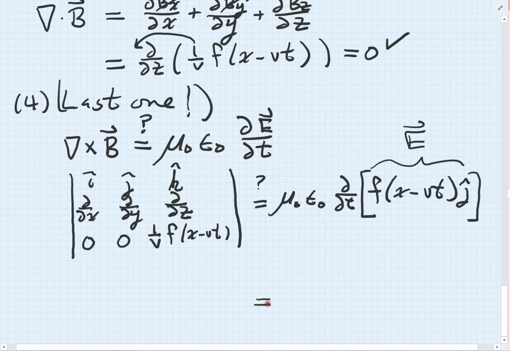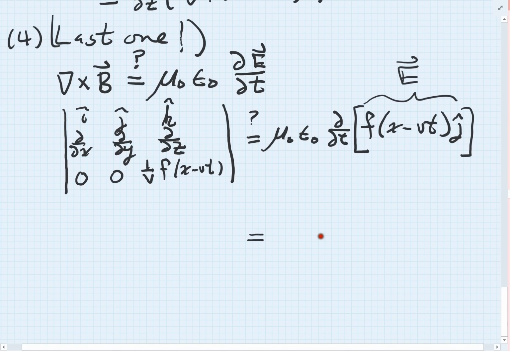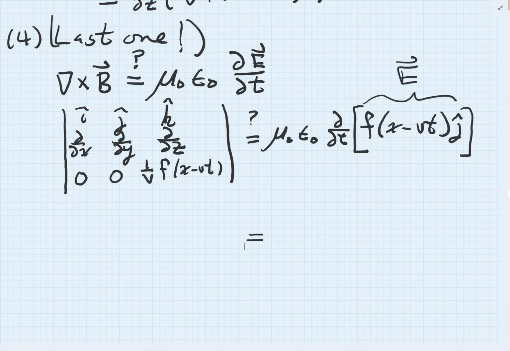Now, for the determinant. Once again, we do a cofactor expansion. Going across the top row, we would have i hat times, we cross out this row and this column, and then I have the y derivative of f, but fortunately f doesn't depend on y, minus the z derivative of 0.